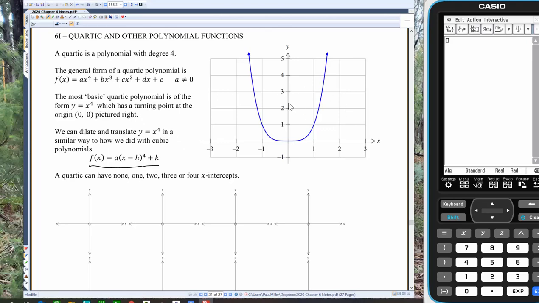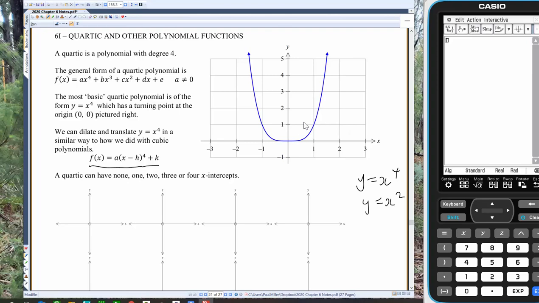So let's have a look at the basic quartic, and it looks very much like a parabola, and that shouldn't surprise you because if you consider the function y equals x to the 4, it's very similar to the function y equals x squared. When you power 4 a negative number, it becomes a positive number. When you power 2 a negative number, it becomes a positive number.